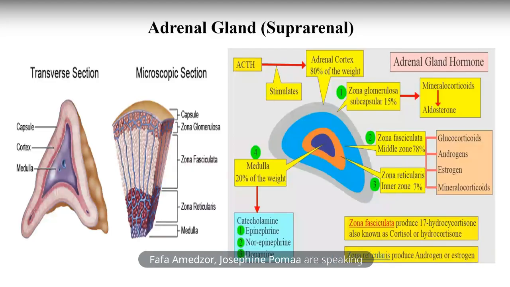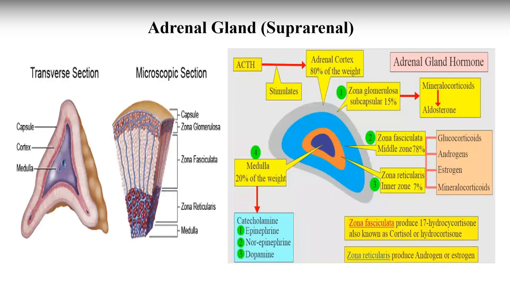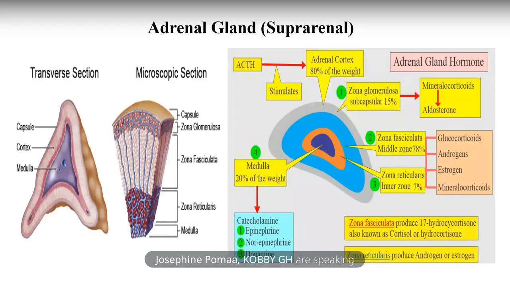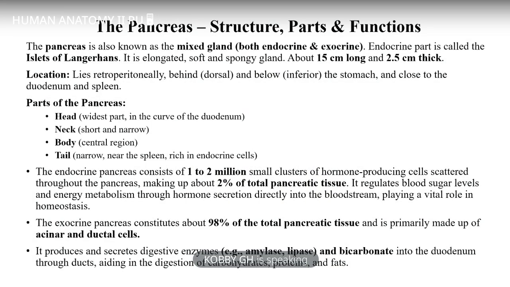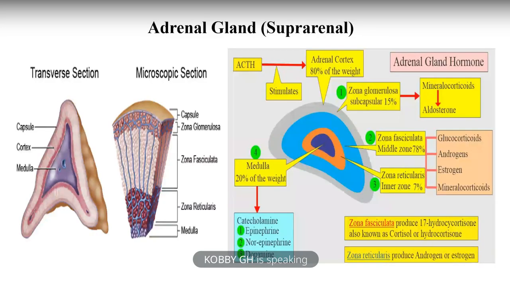Aldosterone, or mineralocorticoids. Okay, what are the cortical hormones? The aldosterone, cortisol, and the sex hormones. Good. That is excellent. So this brings us to the end of the adrenal gland anatomy and physiology.